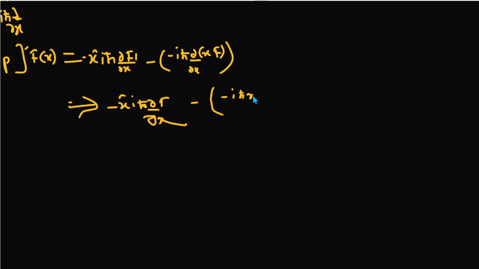Put down this as x operator and operate firstly on the del f by del x. Then it also will be negative iota h cut test function f(x), and if you differentiate x with respect to x, it will be 1, so this will be our final result.